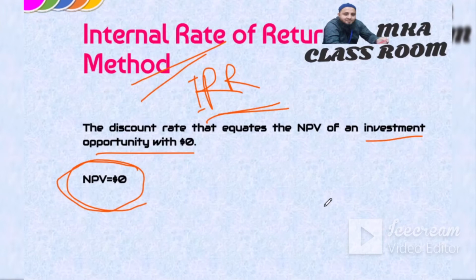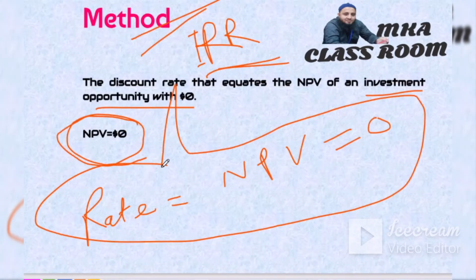So this is the rate which shows NPV equal to 0. That is IRR.